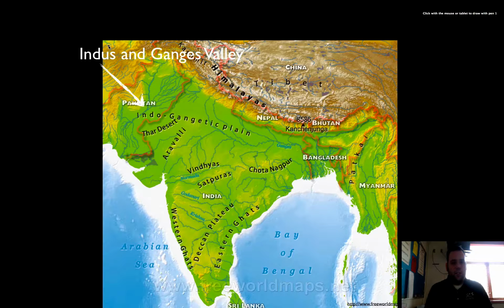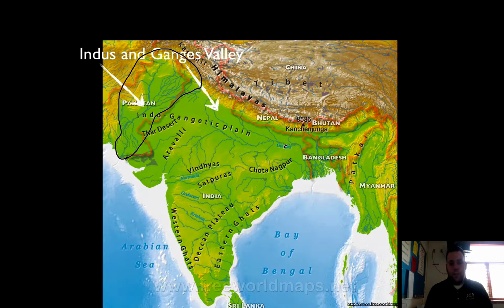So here in current day Pakistan, we have the Indus River Valley, and this is this giant green area here. Notice here's the main Indus River, but look at all these different tributaries that come in and feed into it. Next, we're going to have the Ganges River Valley.